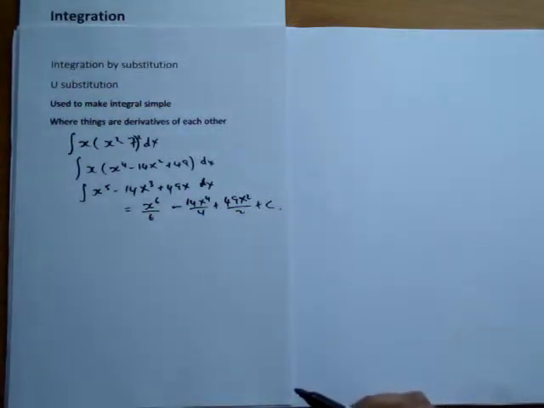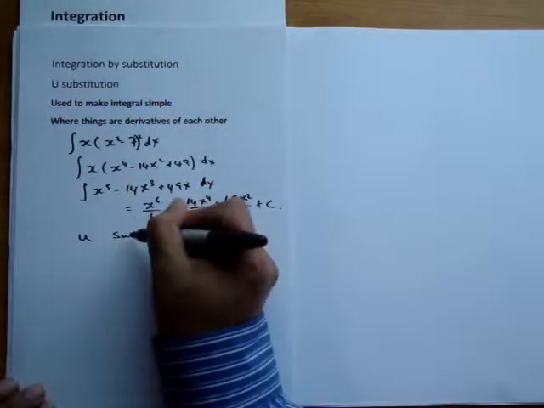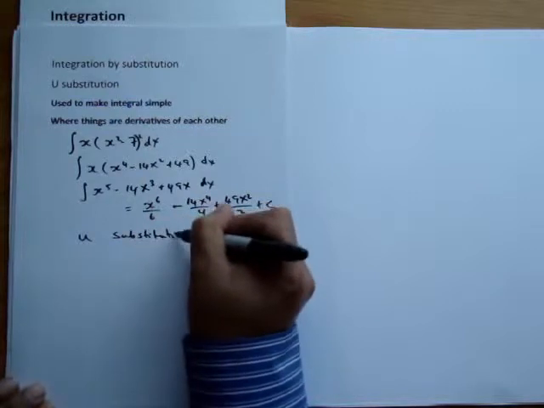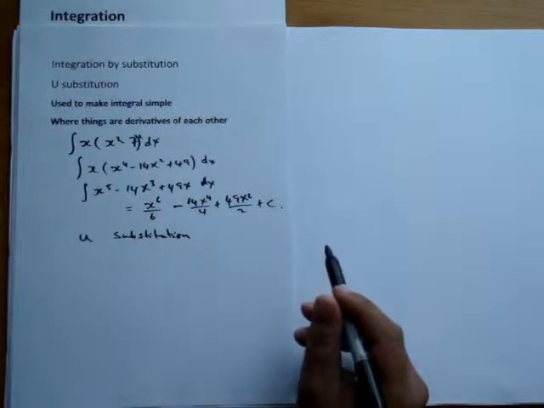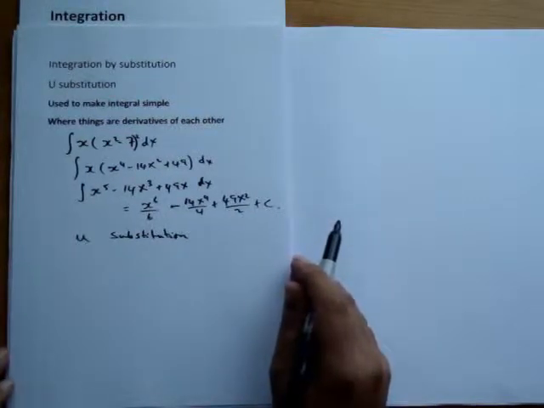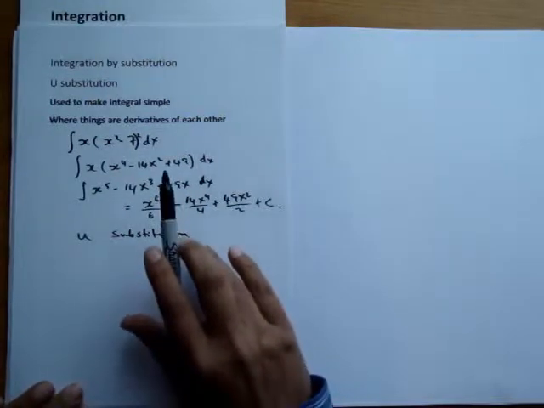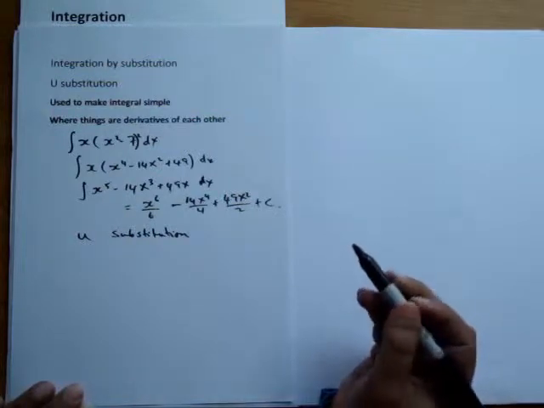U-substitution makes this much easier. And what we do in this case is we choose u so that when we differentiate it, that appears somewhere in the original equation.